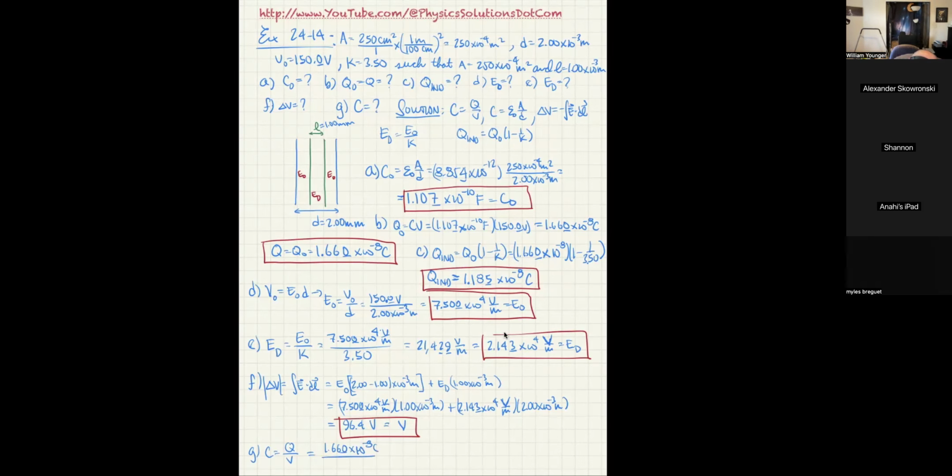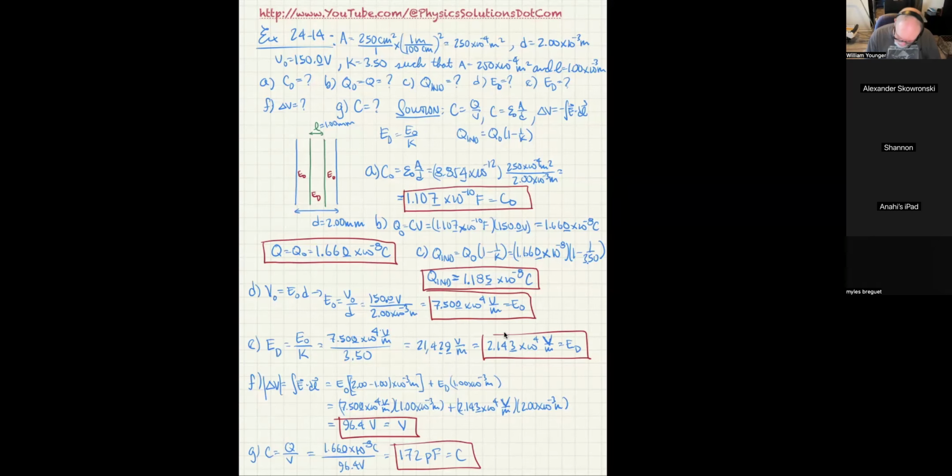We divide that by the 96.4 volts, and that gives us, according to your book, I'm just going to steal the number, 172 picofarads is equal to the capacitance. I want to point out that if the dielectric had filled the space, the capacitance would be 3.50 times larger than the capacitance that we had without the dielectric.